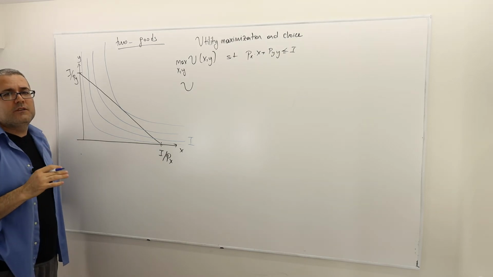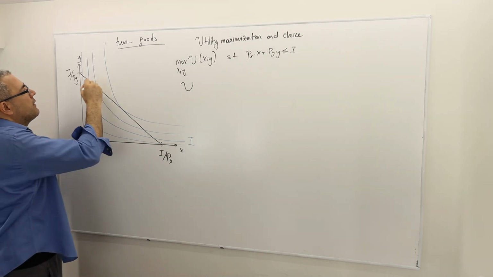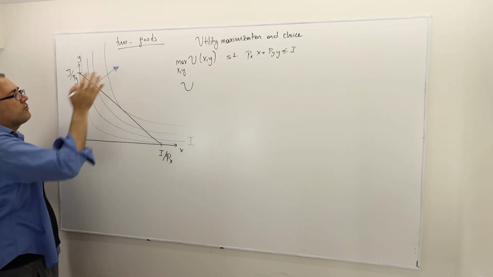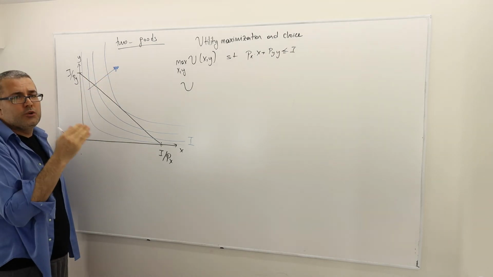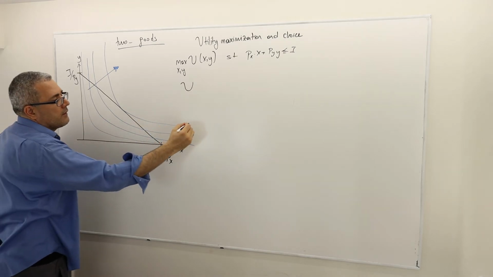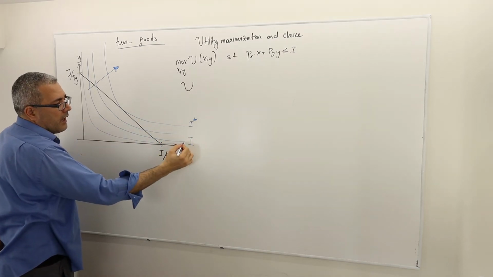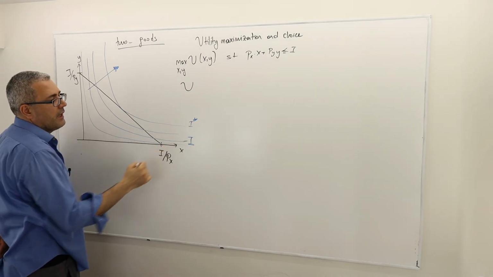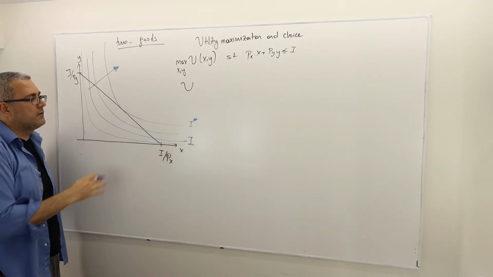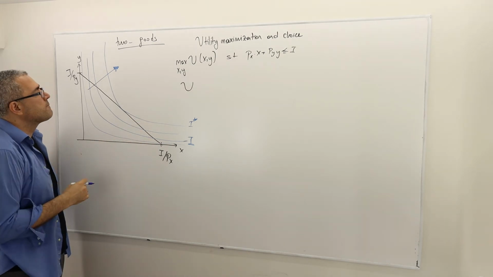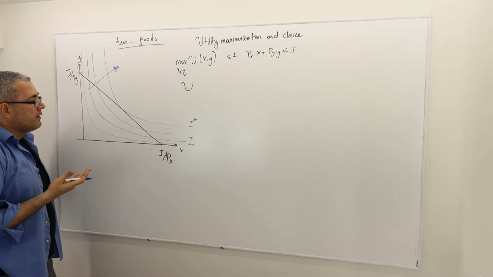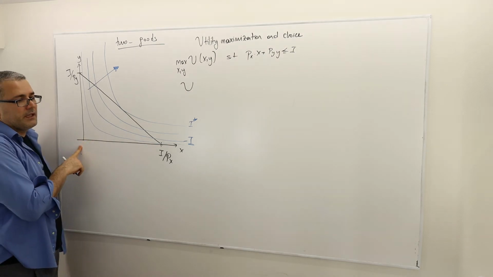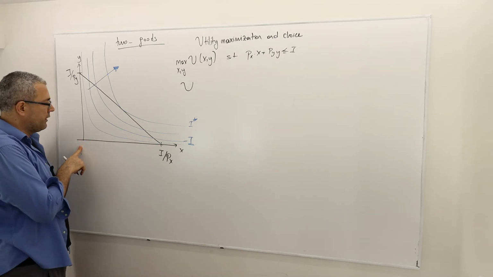Let's assume for now that higher indifference curves, meaning as we move in this direction, mean a higher utility level. Therefore, this indifference curve I star is giving this individual or robot higher utility than indifference curve I because it's lying above I. For example, you can buy 0, 0, but that's going to give you probably zero utility.